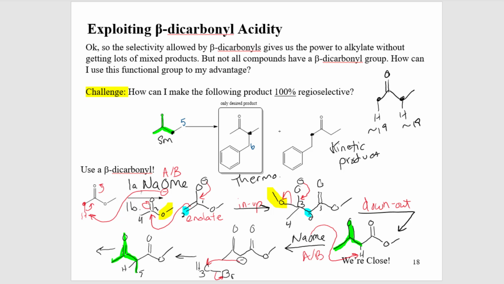I've run out of space. I sorely underestimated how much space I would need here. Sorry, guys. But the next step is to add another equivalent to remove the next one and introduce an alkyl bromide. So I want to do another acid-base reaction and another SN2. So I'll pick up from here on the next slide.